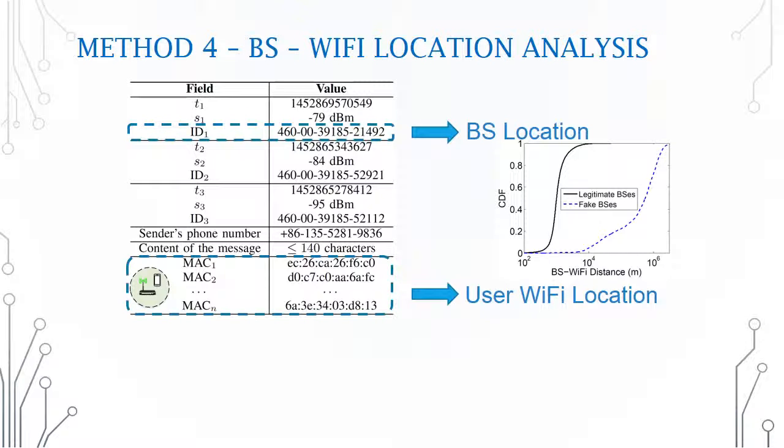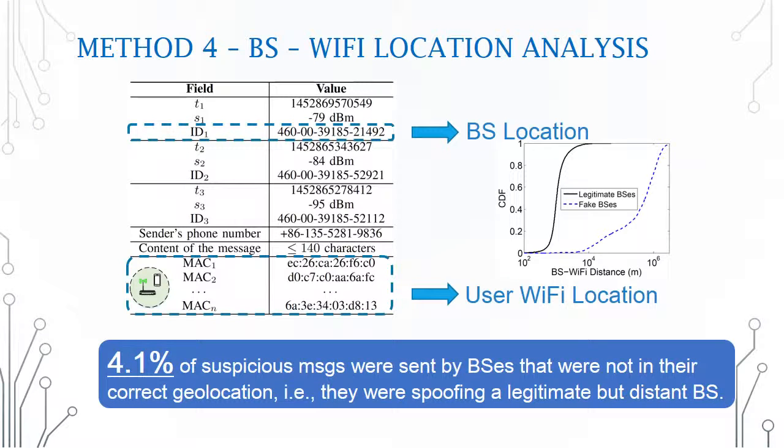But from the data, it is understood that for a fake base station, the distance between the legitimate base station location or the Wi-Fi location and the fake base station location are pretty far off. Now, this is a very effective method, and this is what the paper also says is the most effective way of detecting the suspicious messages from the fake base stations.